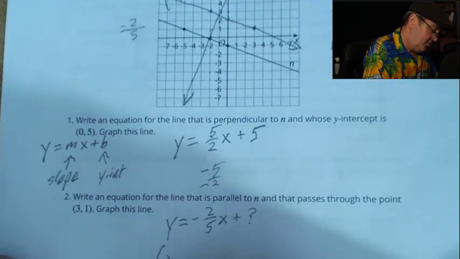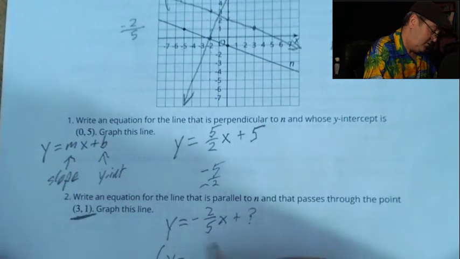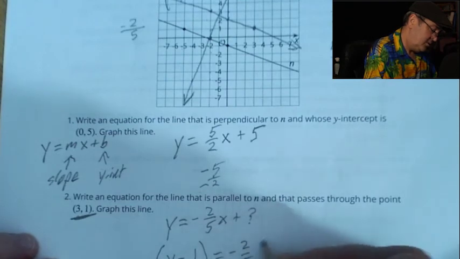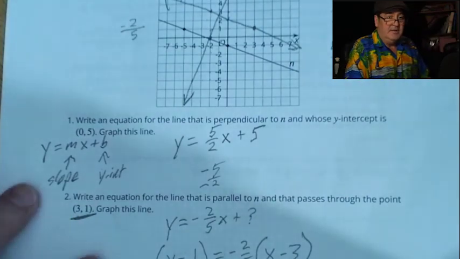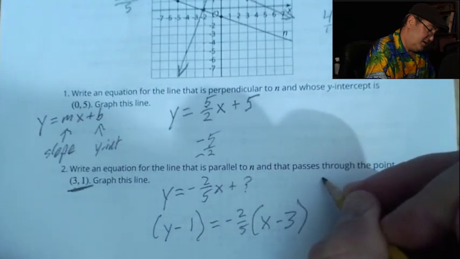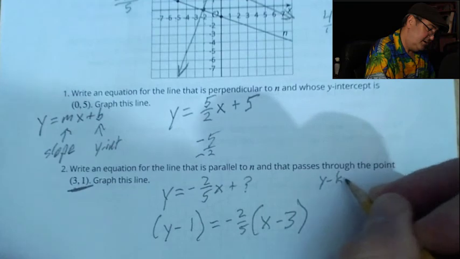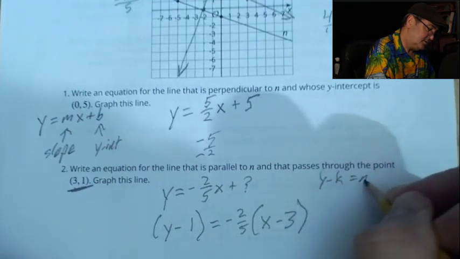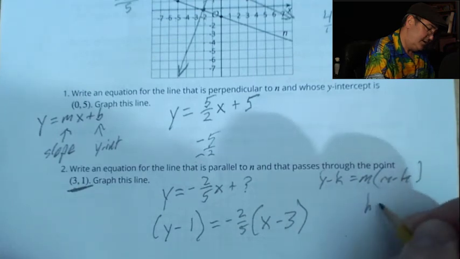We could do y minus, what's our point? 1 equals our slope, x minus, and our x is 3. So using the point slope, remember it is y minus k equals the slope, and then x minus h for the point (h, k).